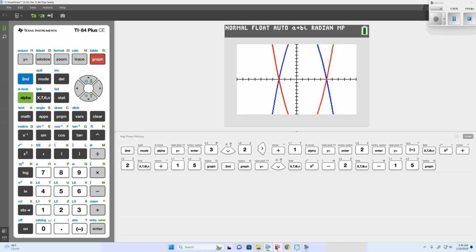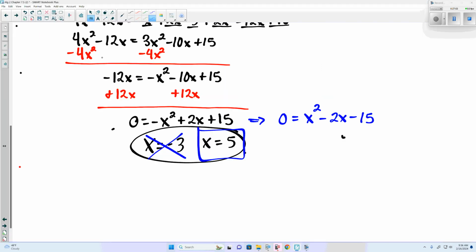The graphs are completely flipped, but they still cross the x-axis at negative 3 and 5. It gives us the same thing. Does that make sense? Because sometimes it's easier to just move that bigger term over and fix its sign than it is to try to move everything over just for the one side.